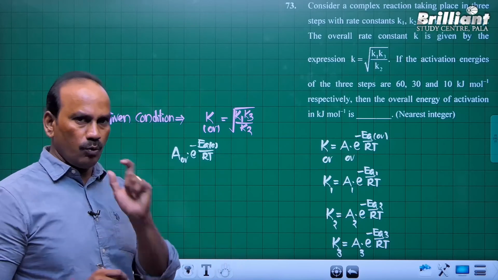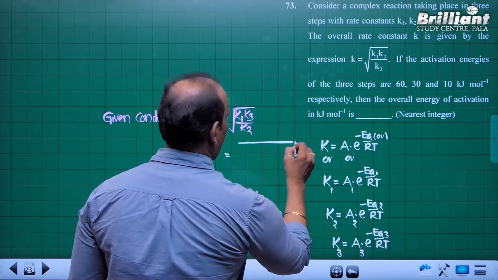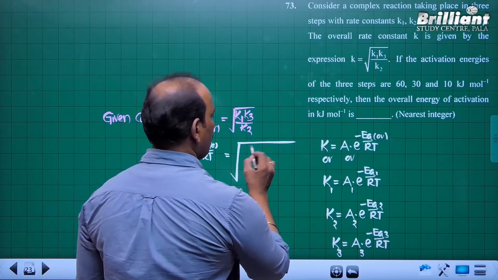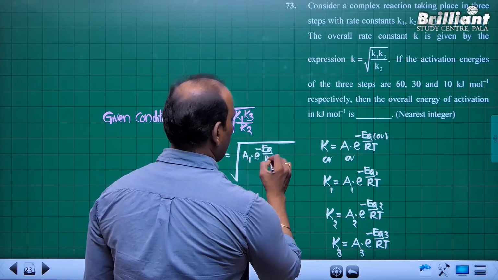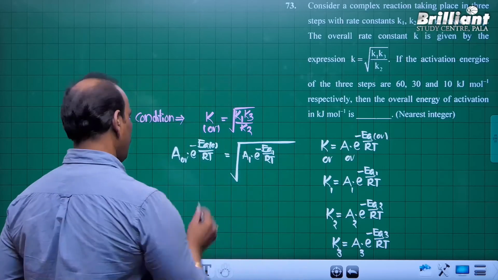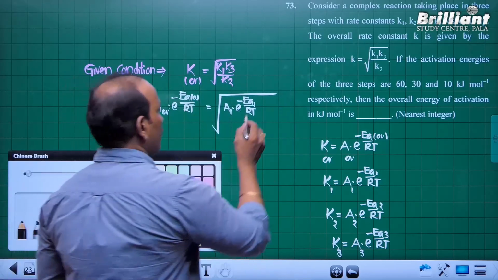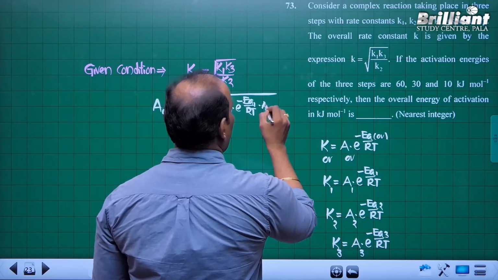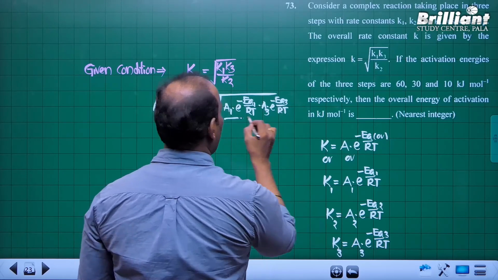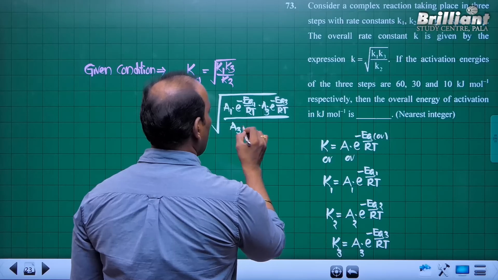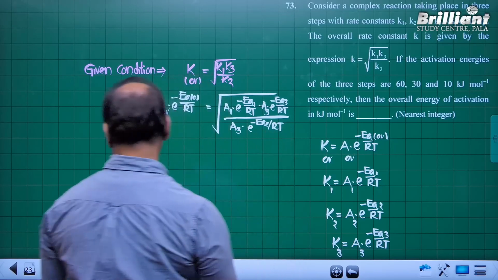Okay, no space, that's why I am using this only. Here, under root, A1 e power minus EA1 by RT, into A3 e power minus EA3 by RT, divided by A2 into e power minus EA2 by RT. Clear?